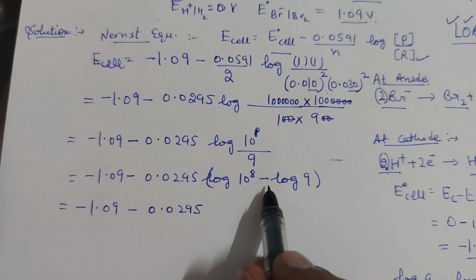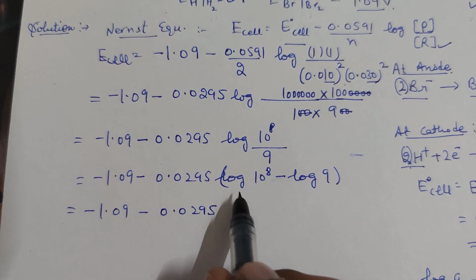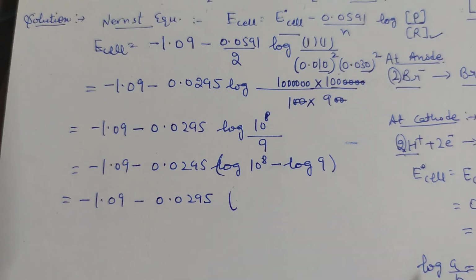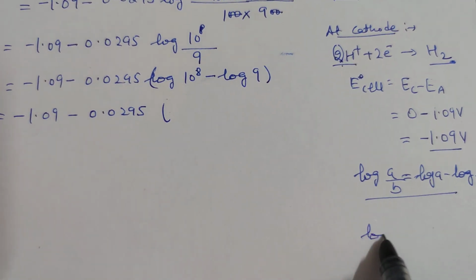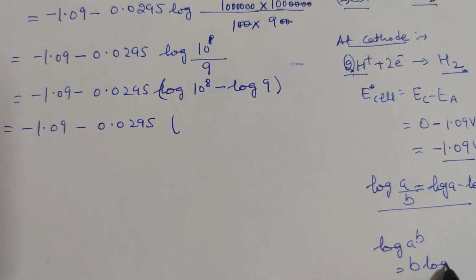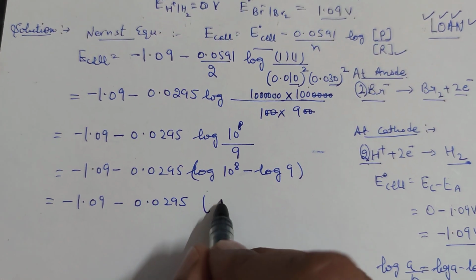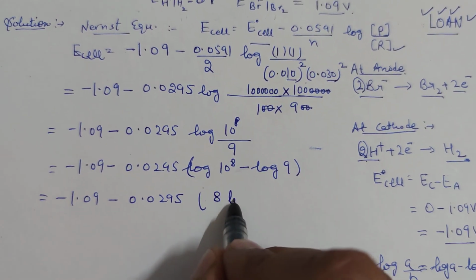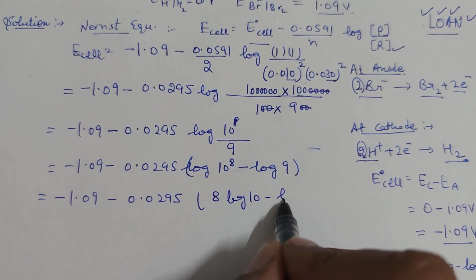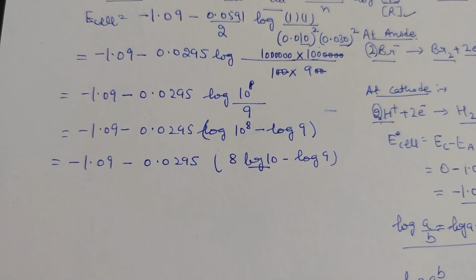These values will be given in the paper only, like in the statement. Log 10 raised to power 8, we know that this is also a formula which we have to use. The power will come to the front, so you will get b log a. So 8 will come to the front, and log 10, you know the value, is always 1.